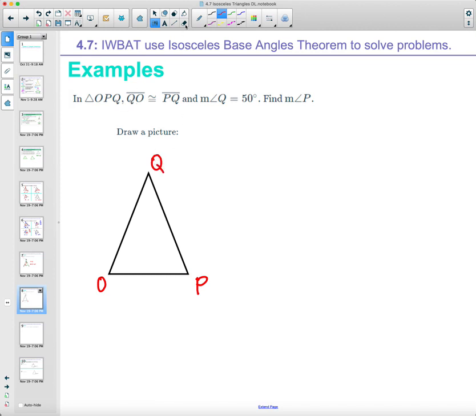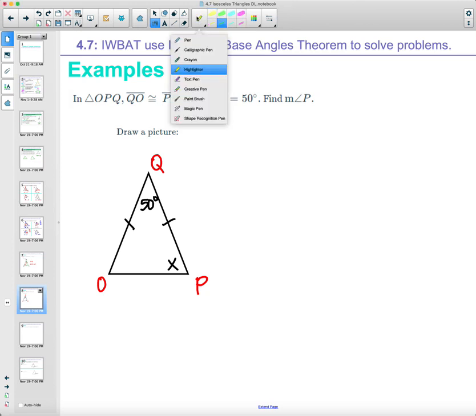This one says QO is congruent to PQ, so tick marks on those sides. And then it also tells us that angle Q is 50 degrees. And then it wants us to find angle P, so it wants us to find this one.